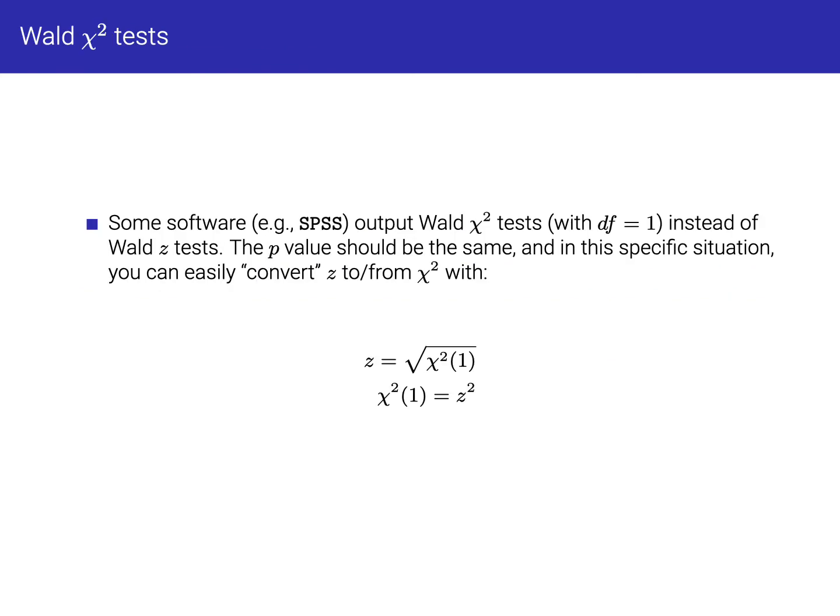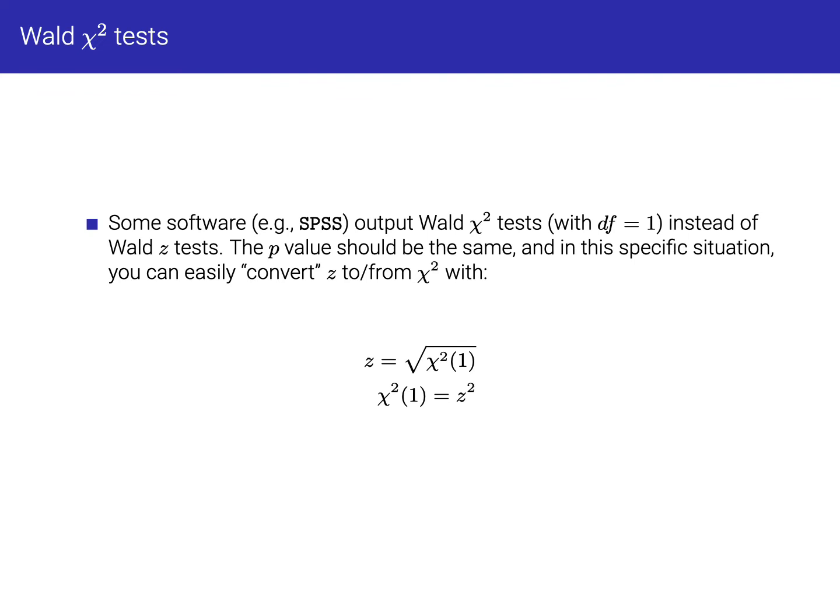An interesting note is that some software, notably SPSS, output Wald chi-square tests with degrees of freedom 1 instead of Wald z tests. So the p-value should be the same, and in this specific situation you can easily convert z to chi-square by just squaring z or taking the square root of the chi-square value.